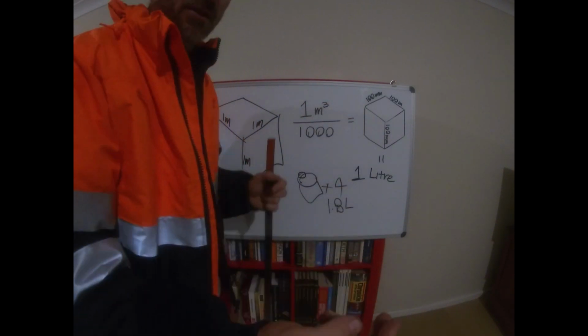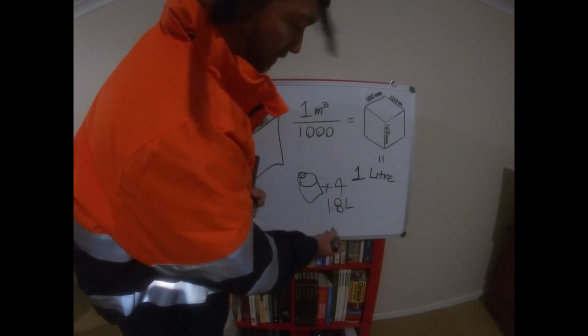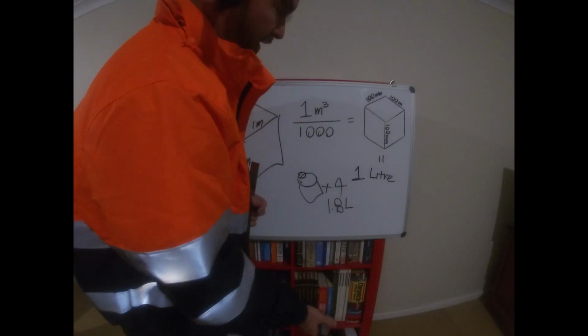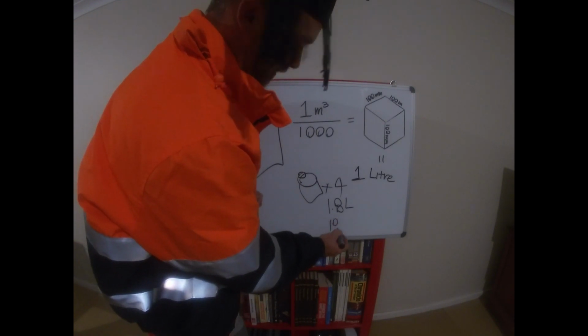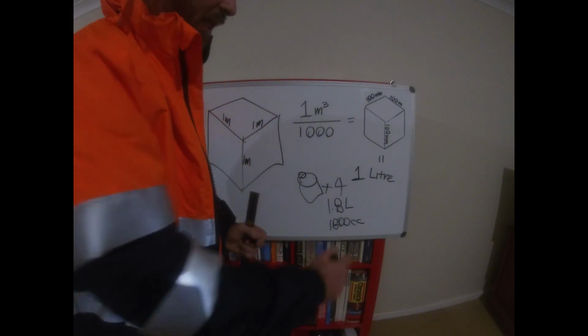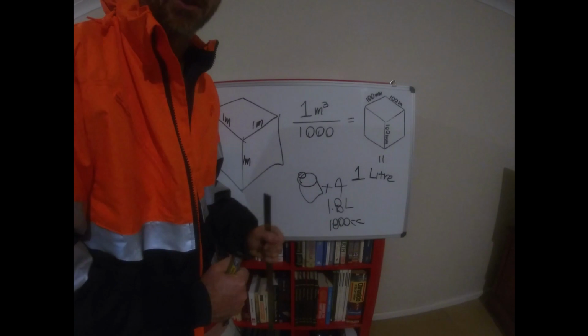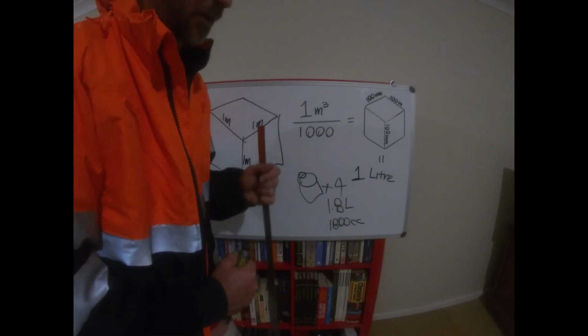So because it's very easy to convert between units in the metric system, this 1.8 litre engine would be 1800 cc's. But that's about the only time we use cubic centimetres. It's about the only time centimetres gets a mention in anything professional.